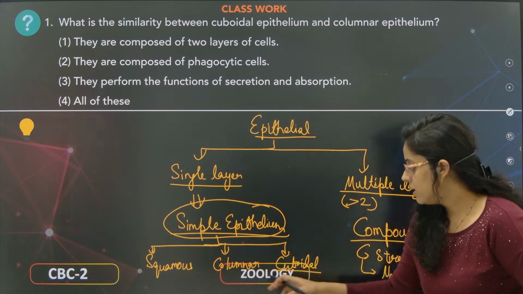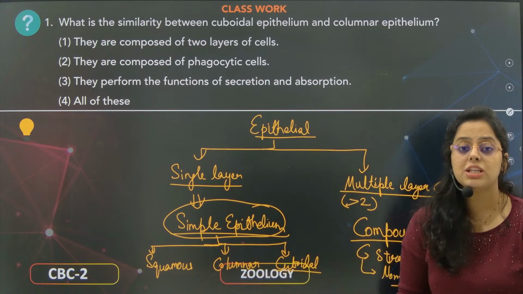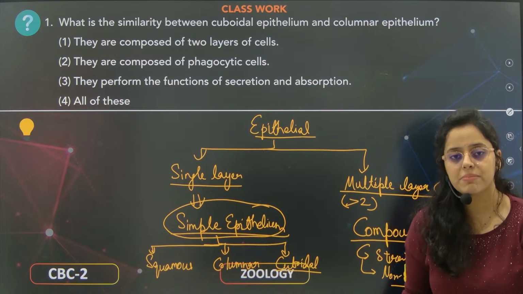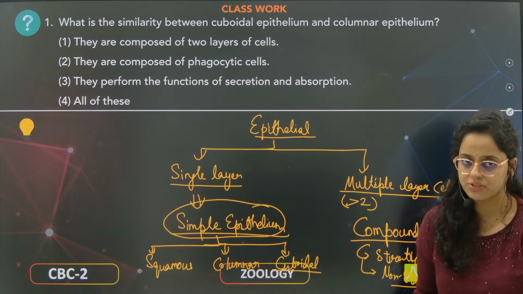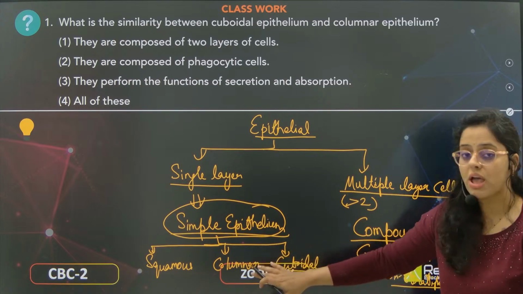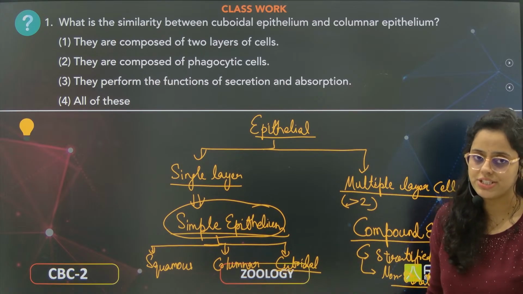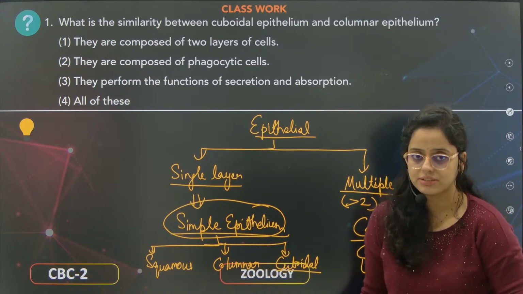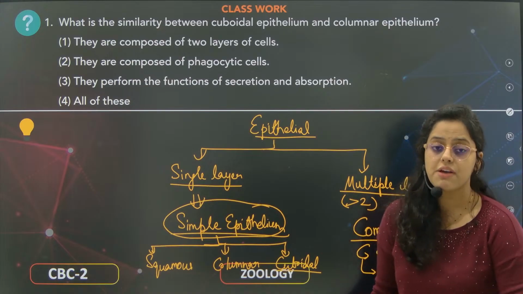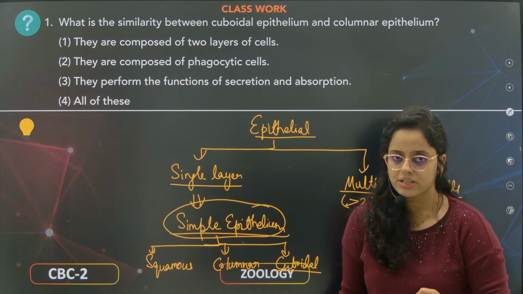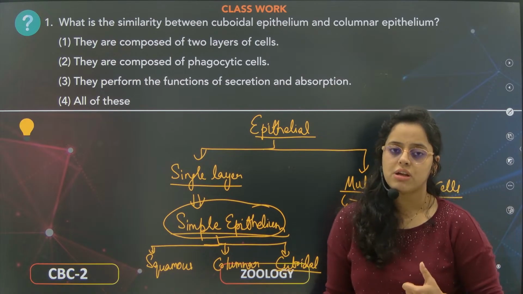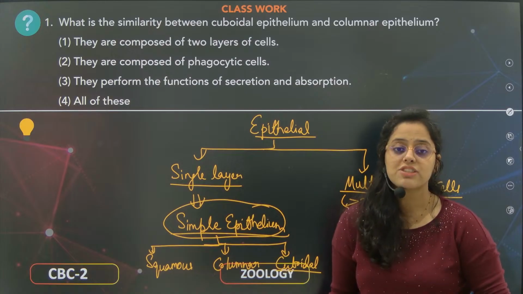If you see the columnar, cuboidal, squamous or ciliated epithelium, they are generally for secretion and absorption. That is the reason they also have glandular cells for secretion and absorption. They have cilia or microvilli. They have microvilli for absorption and cilia for locomotion, right? If they have microvilli, it is called a brush border.